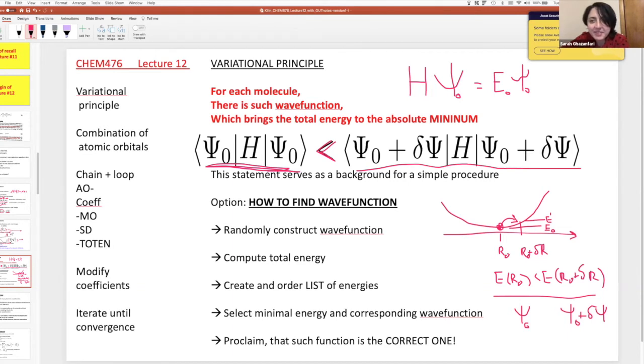Would you like to express the variational principle in your own words? Just try your impression about this principle. What can you say about it? I don't know how to. Let me think.